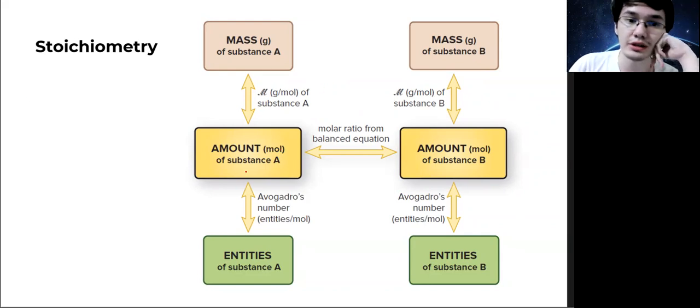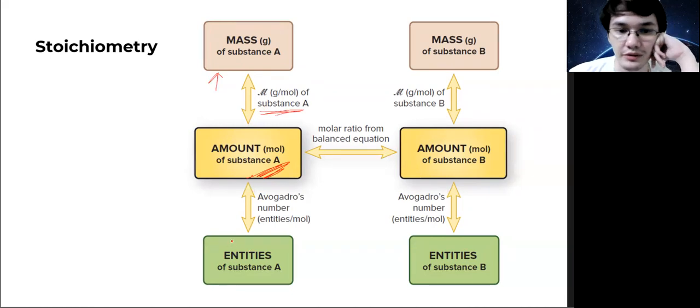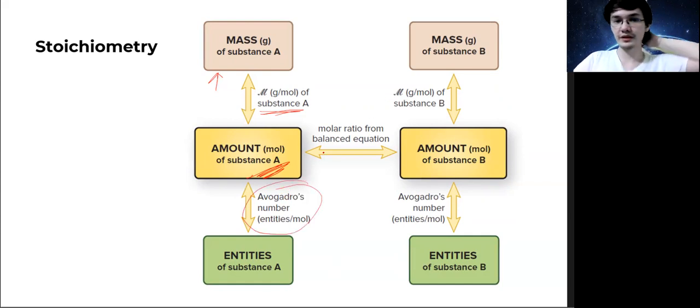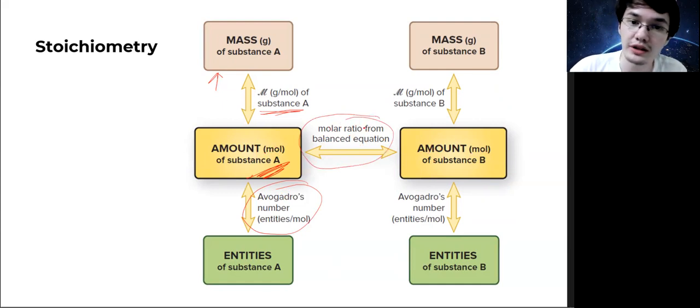For example, we have substance A, we can convert it to mass using the molar mass of substance A. Then we calculate the entities of substance A using Avogadro's number. To convert the amount of substance A to the amount of substance B, we make use of the molar ratio from a balanced chemical equation.